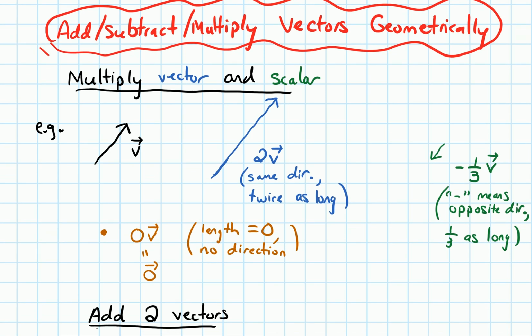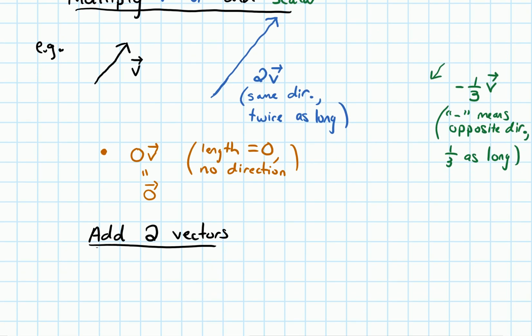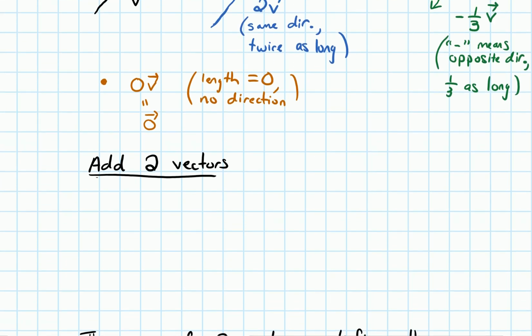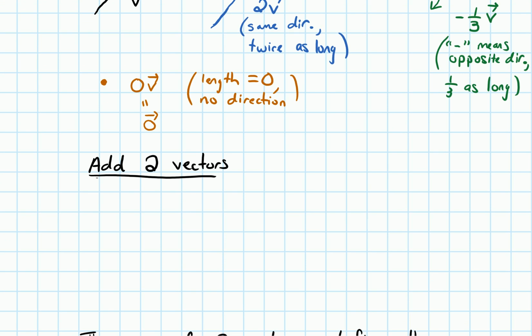All right, so now let's talk about how we add two vectors. Okay, so how do we add two vectors now? I'm going to draw a picture. In my picture, let's have a vector u, and maybe u is going to go horizontally like this. And then I'll have a vector v that I'm going to add to it. Let's put this in a different color.